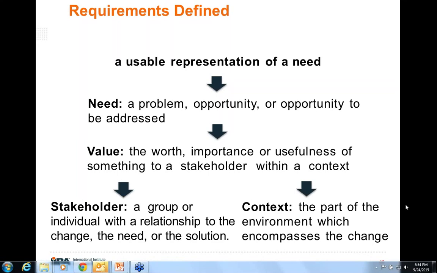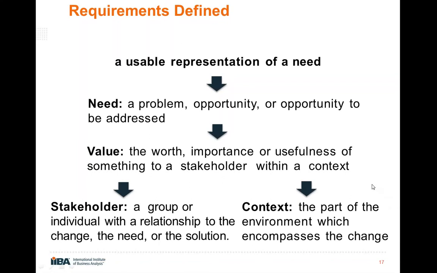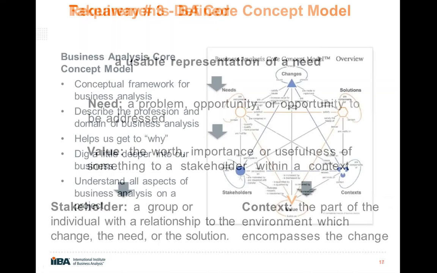We all understand the terms need, value, stakeholder, and context very easily now, and so it became much easier for all of us to really interpret what a requirement is. So this is another key takeaway I would urge you to remember.